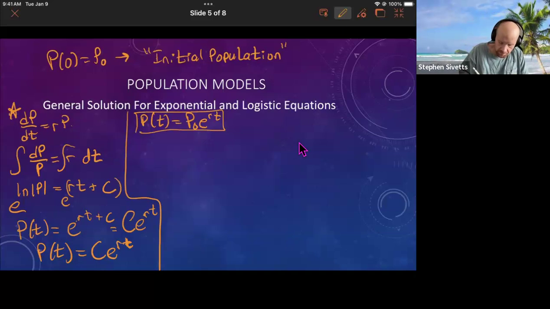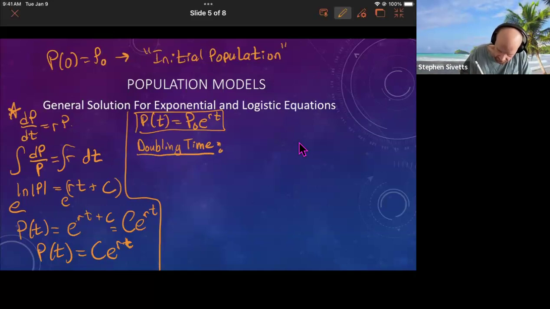Okay, so for a population growth function, you'll deal with what's called the doubling time. Essentially, the time it takes for a population to double in size. So you want to solve for t or r such that the population would double.